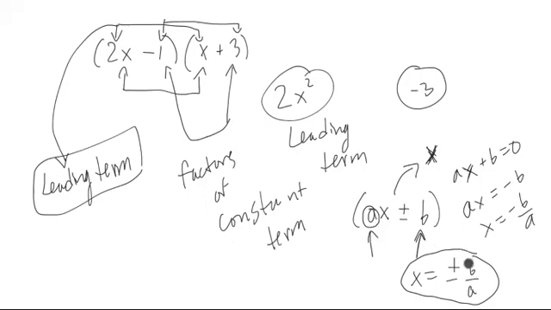And what are we going to plug in? We're going to plug in factors of the constant term divided by factors of the leading term. Now, is this helpful at all? Because if we're solving an equation, and we're using the zeros or the solutions to factor, that seems counterproductive.